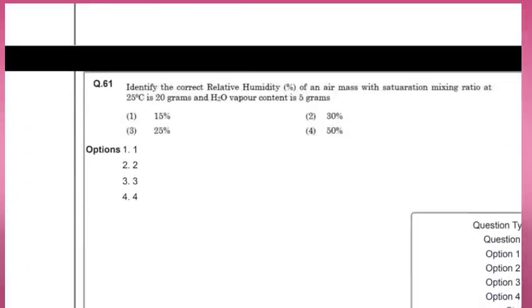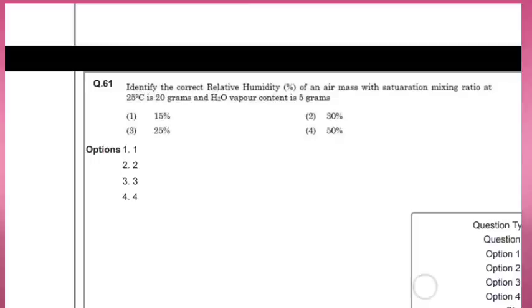And next question, identify the correct relative humidity of an air mass with saturation mixing ratio at 25 degrees centigrade is 20 gram, and water vapor content is 5 gram. So the answer is 3, 25% is the correct answer, option 3.